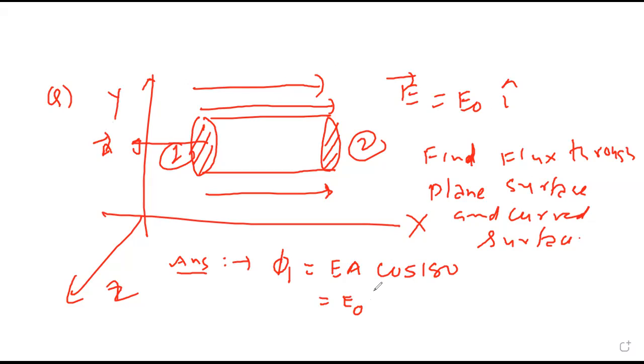So E is E naught, the area of that plane is pi r square, cos 180 is minus 1, so minus E naught pi r square is the flux through the first plane surface. What is the formula for flux? E A cos theta. E is E naught, area is pi r square, angle between them is 180, so cos 180 is minus 1.